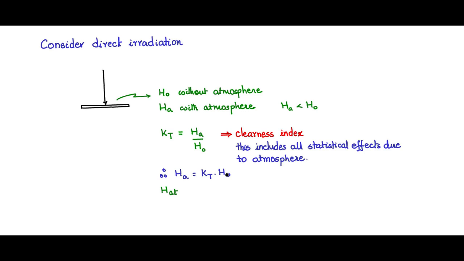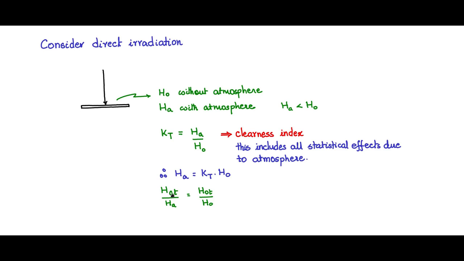Now what is HAT? HAT is the energy incident on the flat surface with atmospheric effects with a tilt of an angle beta, and this can be obtained by this ratio. HAT by HA would be same as HOT by H naught.